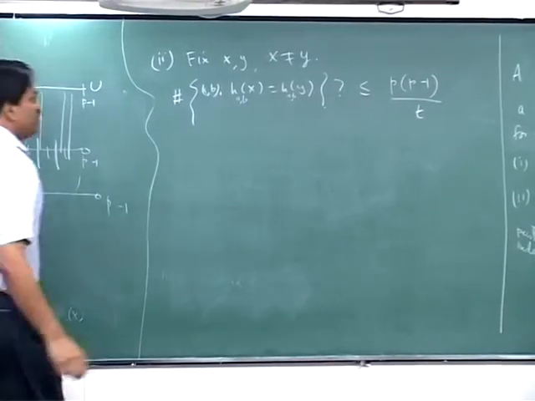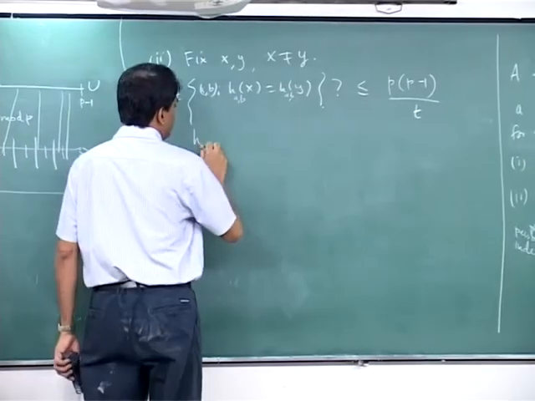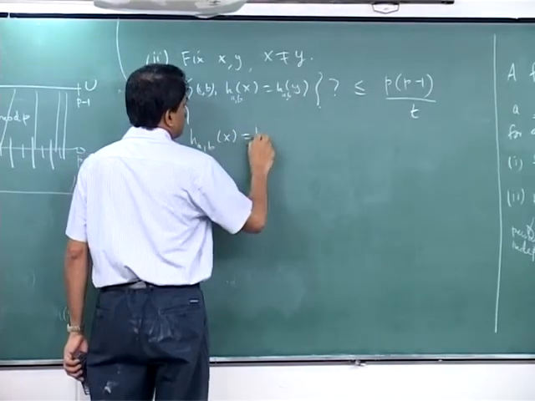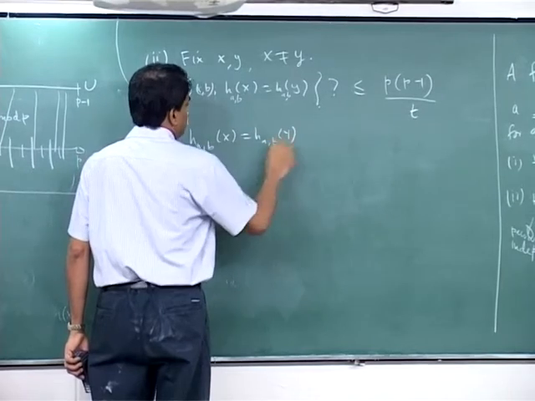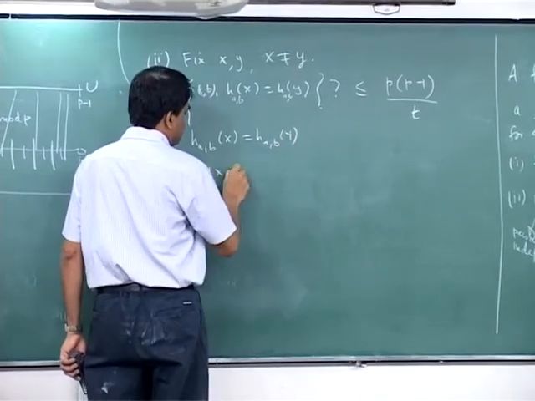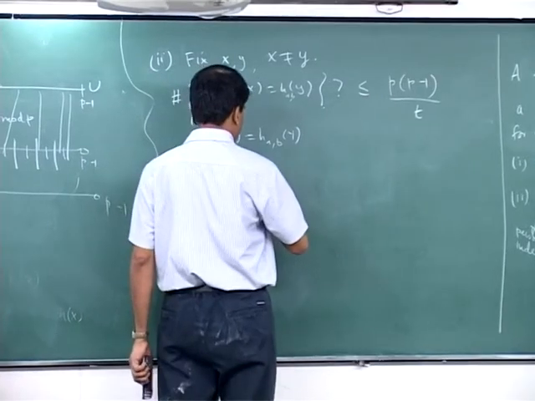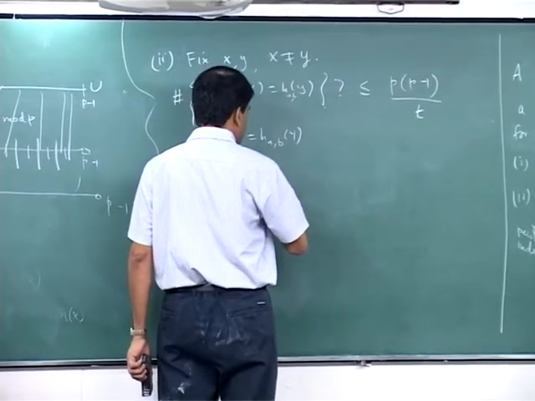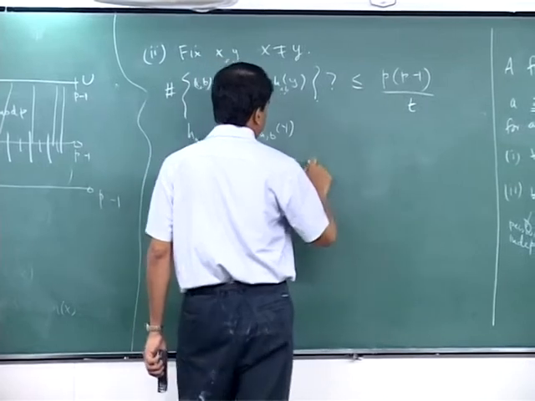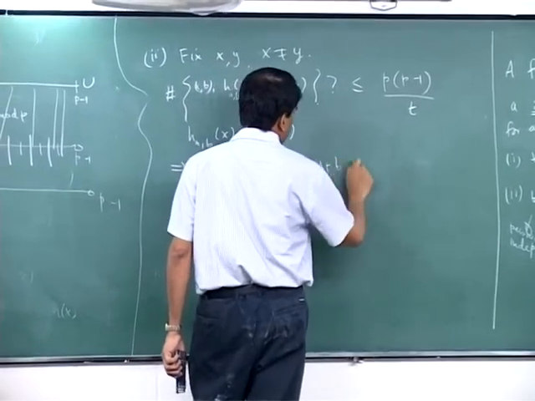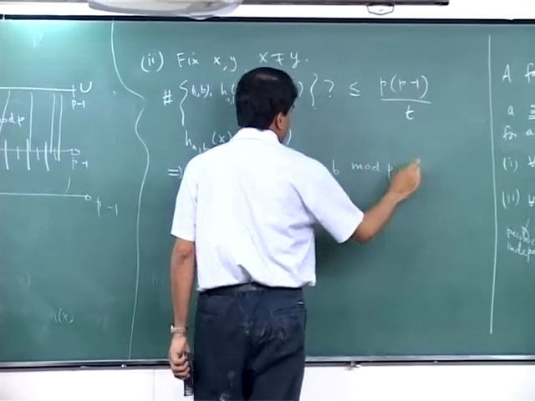So very similar argument. h_{a,b}(x) equal to h_{a,b}(y) means what? ax plus b mod p is congruent to ay plus b mod p, the whole thing mod t.